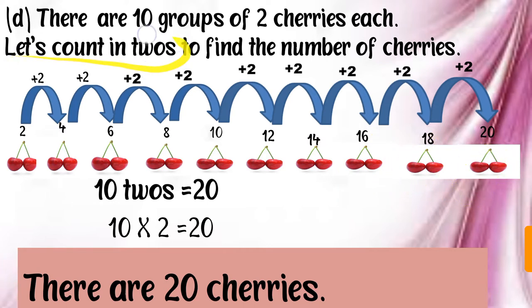Let's count in 2's to find the number of cherries. Okay, so let's start counting. 2 plus 2, 4. 4 plus 2, 6. 6 plus 2, 8. 8 plus 2, 10. 10 plus 2, 12. 12 plus 2, 14. 14 plus 2, 16. 16 plus 2, 18. 18 plus 2, 20.